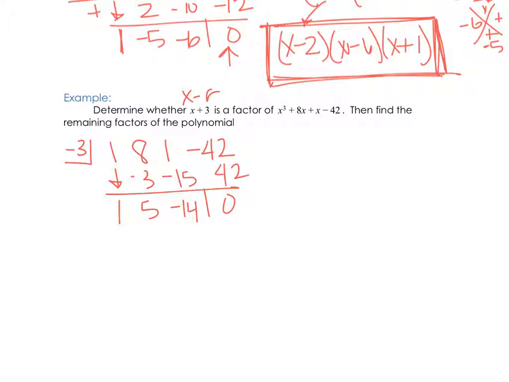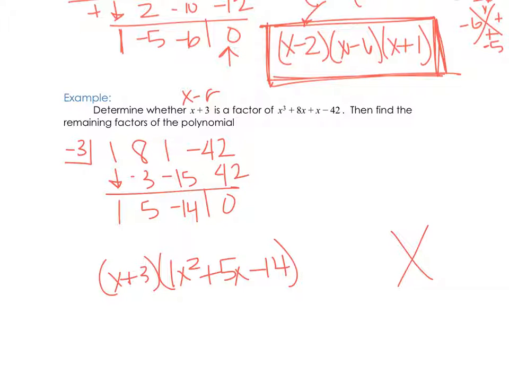So x plus 3 is a factor. The other factor then would be 1x squared plus 5x minus 14. And with that polynomial, we can do baseball factoring.